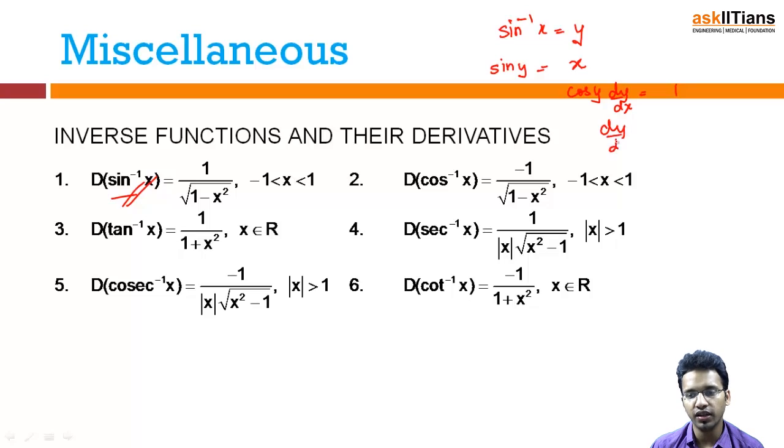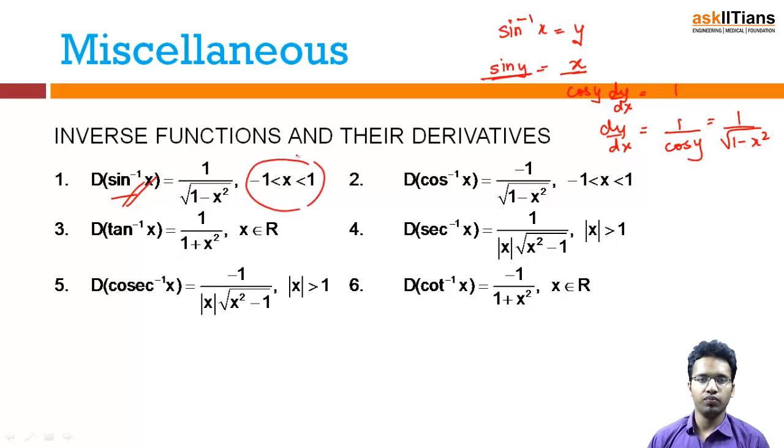So dy by dx is equal to 1 by cos y. Now if sin y is x, obviously cos y you can write as root under 1 minus x square, so dy by dx is 1 over root under 1 minus x square. And these domains are important because of their range, the input for the inverse functions. These are in accordance with that only, whatever the domain and range.